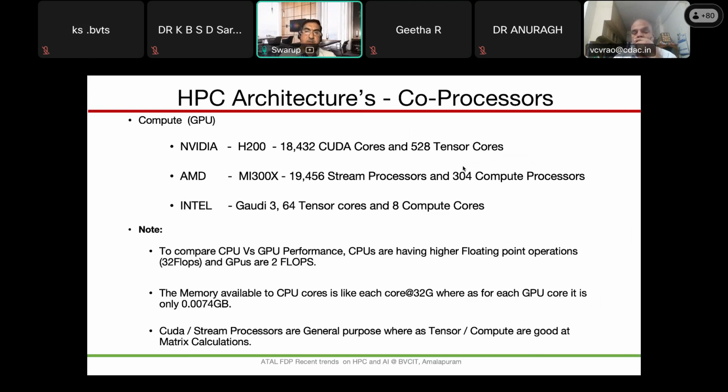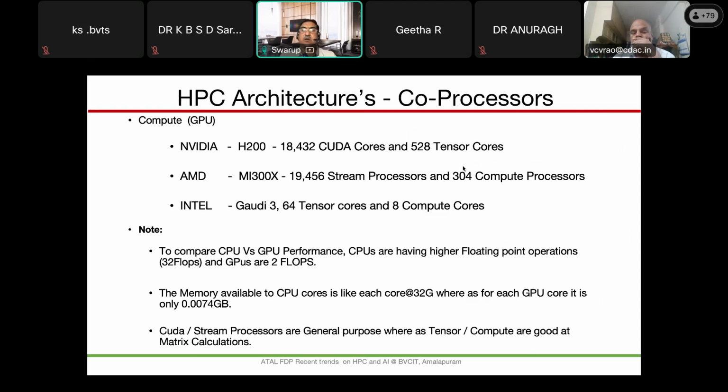But remember that each of these processor or GPU technologies is associated with addressing a particular problem. For example, if I want to address a problem which needs some vector instructions which are available in Intel Gaudi 3, I'll go for it.